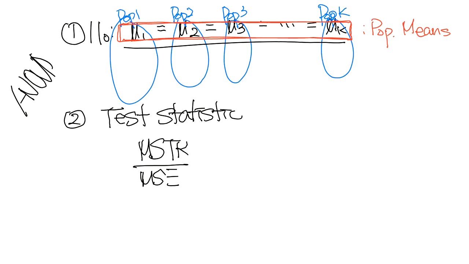Before, in the t-test, we used the t-distribution. Because of that, the name of the test statistic was t, because we took the p-value from the t-distribution. Now we have to name it F. Why? We are going to take the probability from the F distribution.